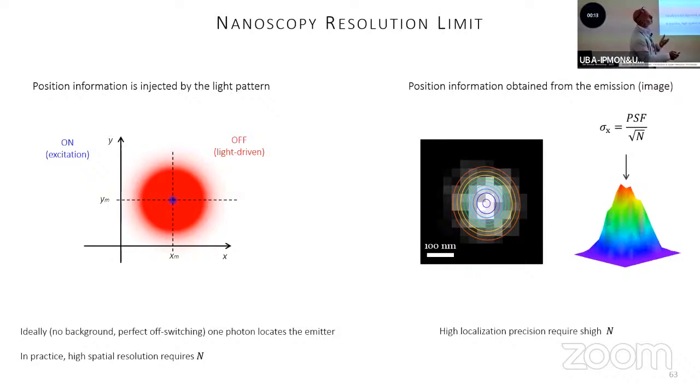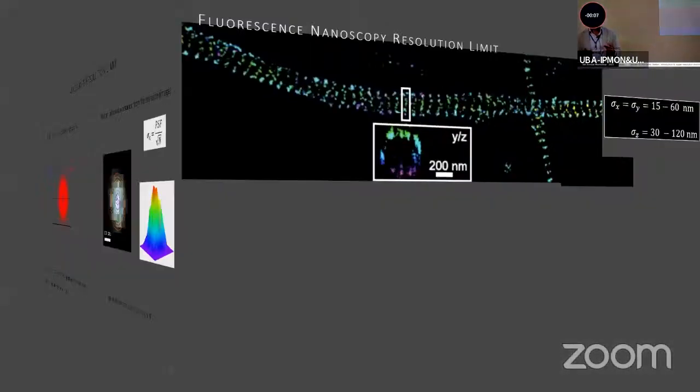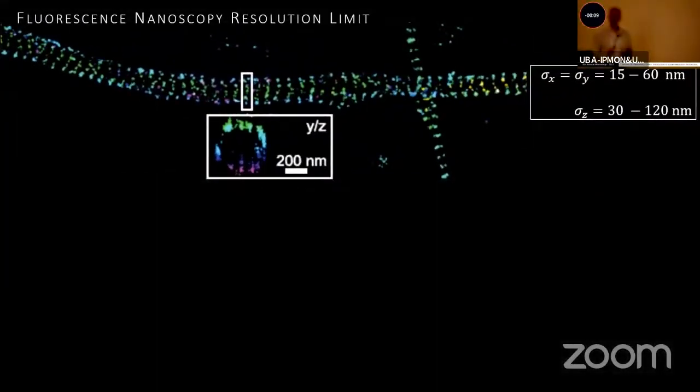And in this case, it's even more direct because the precision of the localization algorithm depends inversely on the square root of the number of photons. So if you want to have a low localization error, you need a lot of photons. In both cases, you need a lot of photons. And that is the reason why, even though these methods have no fundamental limit, they face a practical limit.